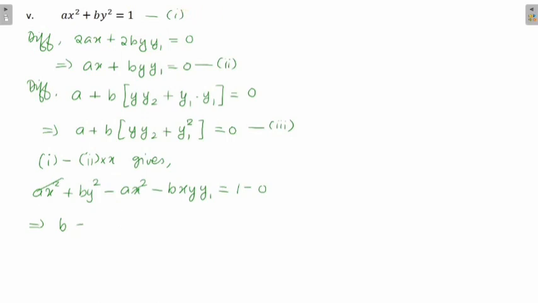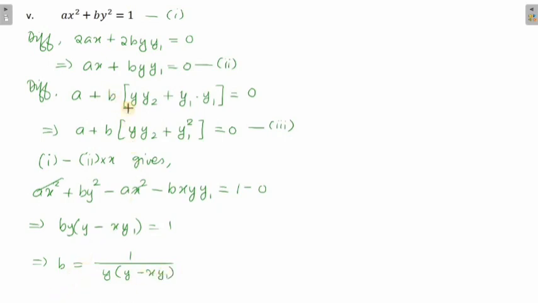If b is common, then here you are left with y square minus xy y1. Alright, so you can take y also common then. If you take by common, then you get y here, and here you get x y1, equals to 1 here. So from here what is b? B turns out to be 1 by y into y minus x y1. So this is my b.